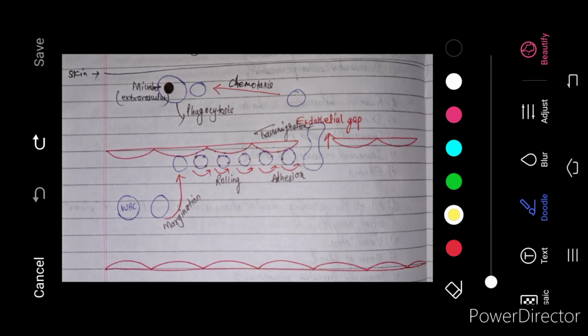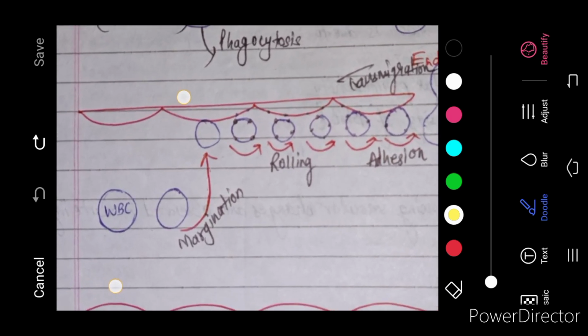As we know, the first step is known as margination and pavementing. Second step is known as rolling. Then after adhesion, transmigration, chemotaxis, and then lastly phagocytosis. So now let's see.